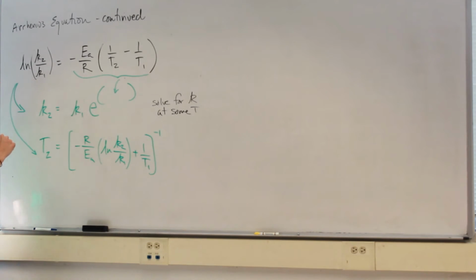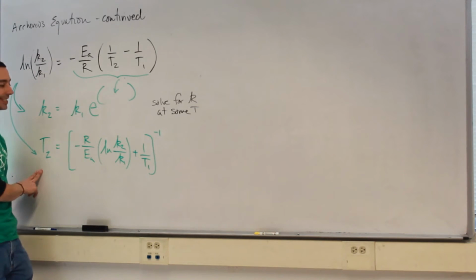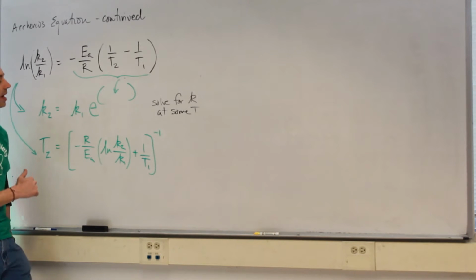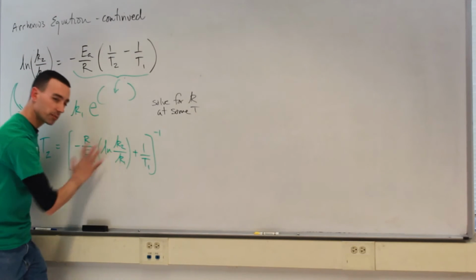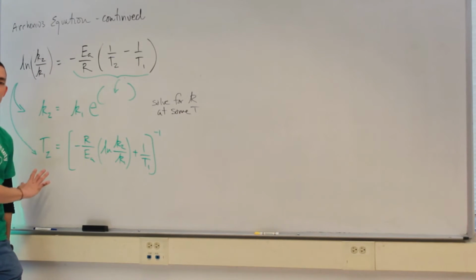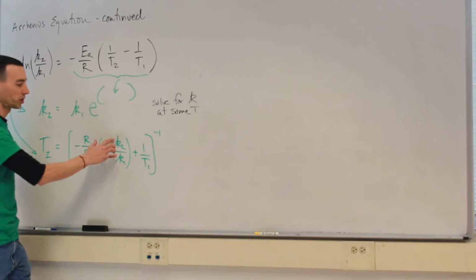All right? Our other option would be to solve for what temperature we would need to maybe heat up or cool a reaction to in order to accomplish a particular rate constant. This might look pretty familiar. This is a lot like your equation to solve for the temperature to accomplish a certain vapor pressure.